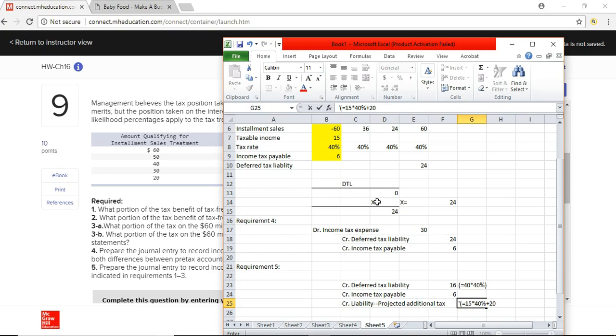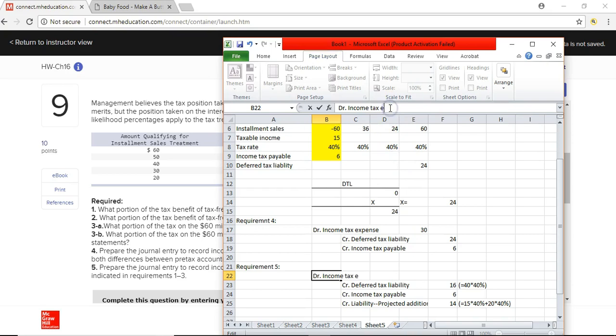So 20 out of the $60 million cannot be deferred and needs to pay tax. So 15 multiplied by 40% plus 20 multiplied by 40%. That is $14 million. Then the last step will be the income tax expense. To balance the entry, it will be the total of credits, 16 plus 6 plus 14.